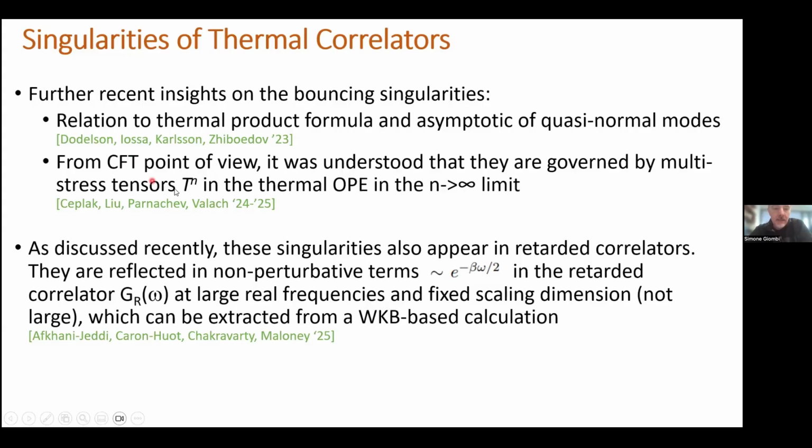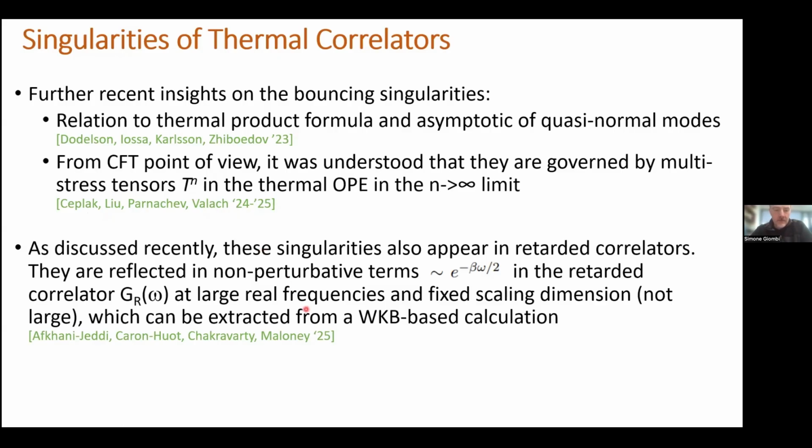Another important development are these papers by Nak, Hongliu, Parnachev, and Valak, where they showed that from the CFT point of view, these bouncing singularities are essentially controlled by the multi-stress tensor OPE coefficients in the large N limit, where N is the power of the stress tensor.